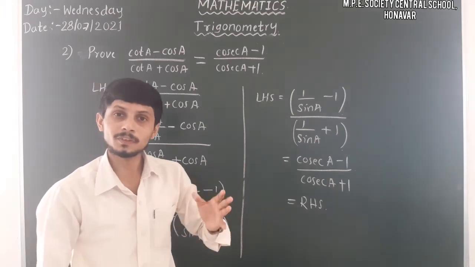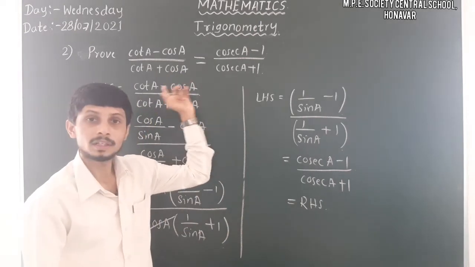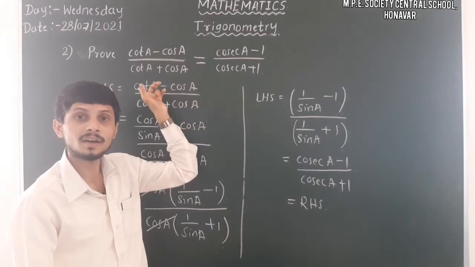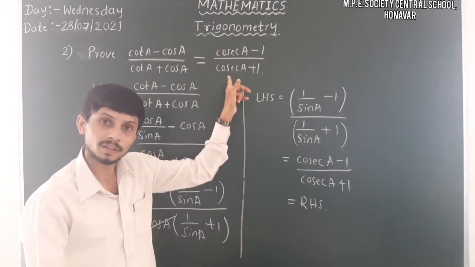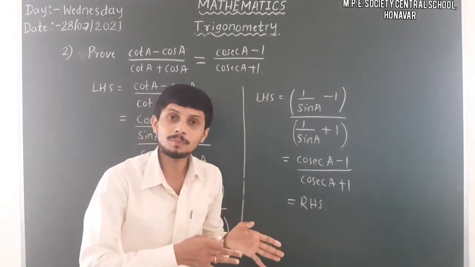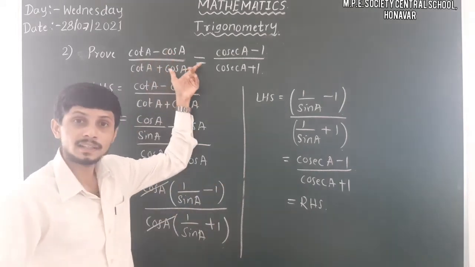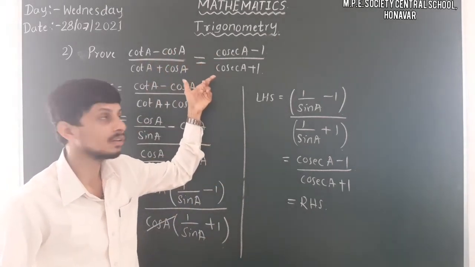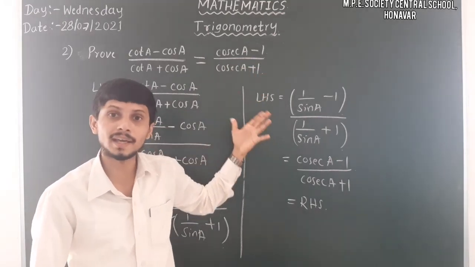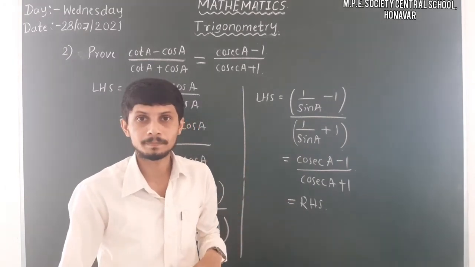The first thing is, we have to think about the pattern of the equation given, and which trigonometric ratios we have in the LHS side and the RHS side, and compare them. In which form to which form we have to convert, you have to check. If we have cot, secant and tan functions on one side, and sin function on this side, then firstly you have to convert tan, sec, cot functions into sine and cosine.